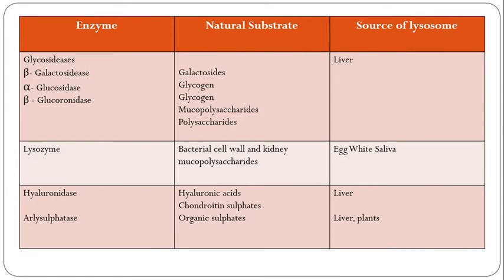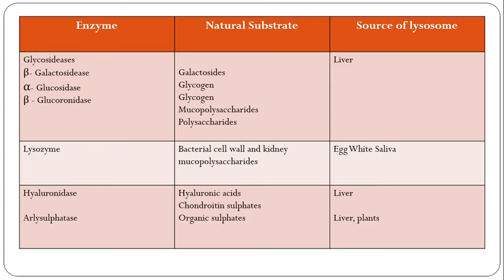The next enzymes are the glycosidases, of which there are different types. Beta galactosidase has the natural substrate galactosides. For all of these the source of lysosomes is liver. Then alpha glucosidase and beta glucuronidase, whose natural substrates are glycogen, mucopolysaccharides and polysaccharides, and the source of the lysosomes is the liver.